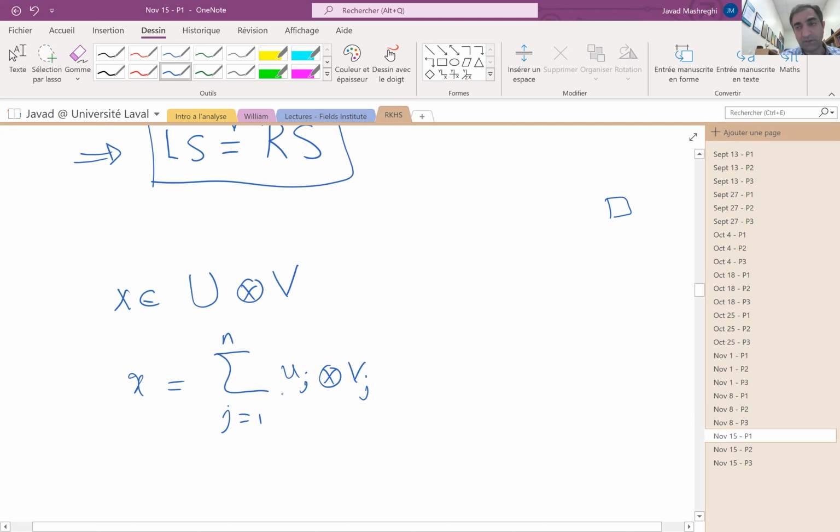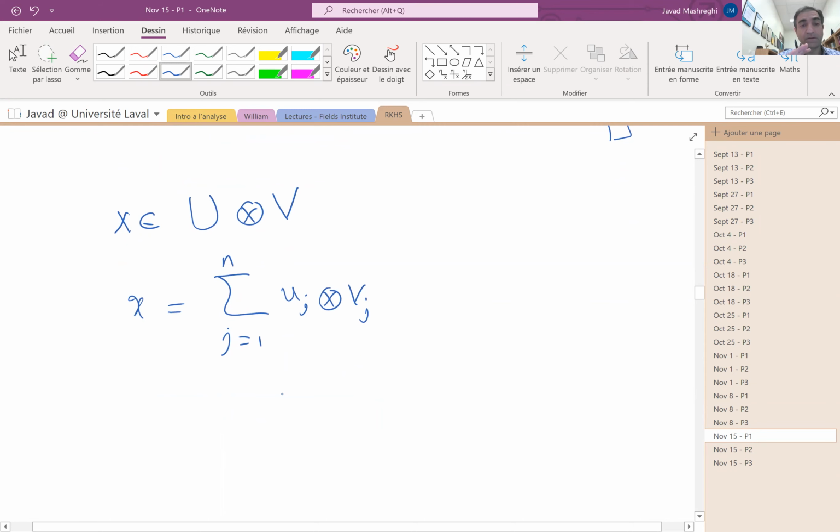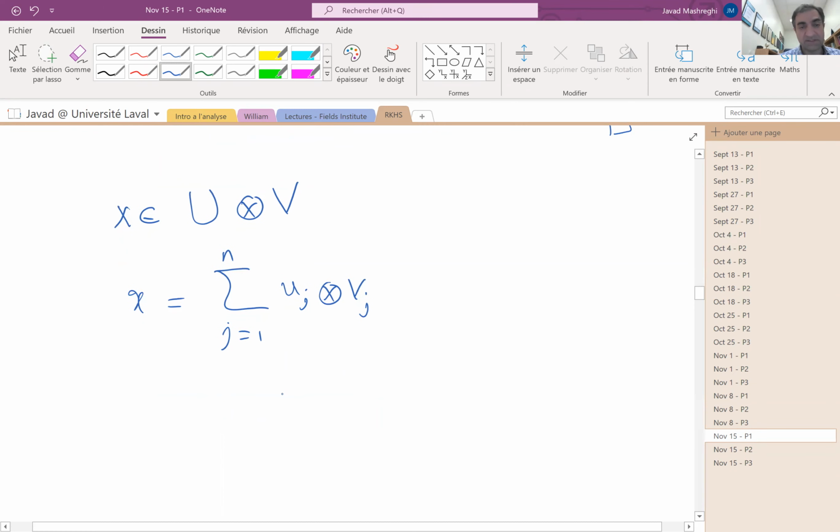But this is not unique. It has many, even we can say infinitely many representations like this. So it's far, far away from being unique, this representation. We have one, but forget about uniqueness. And this causes certain problems.